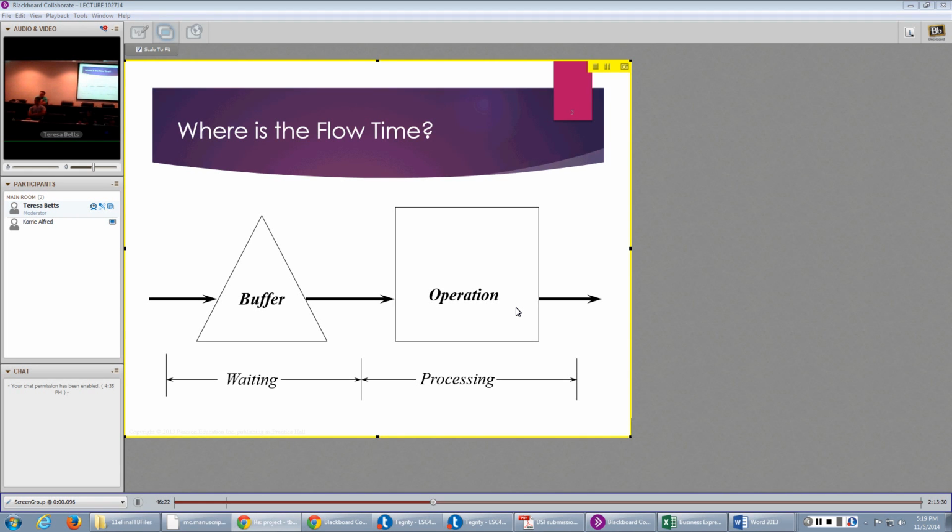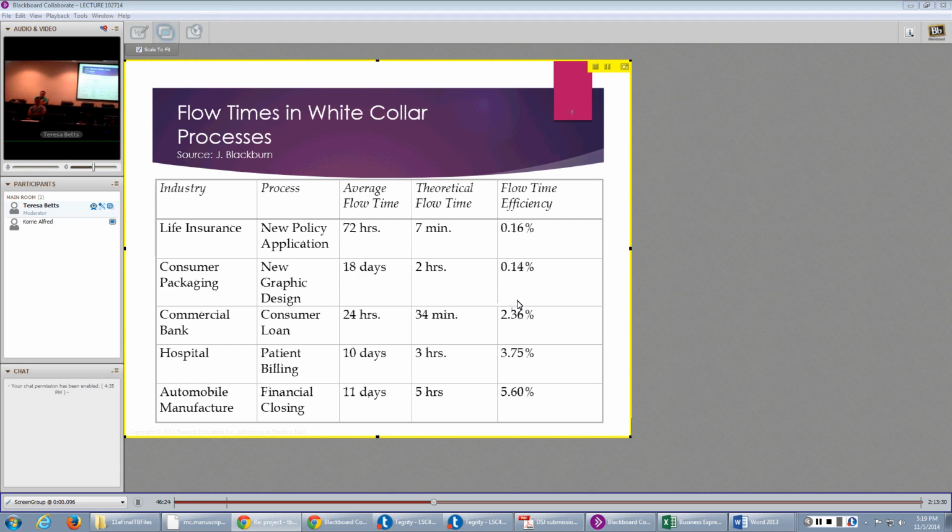And I think it's interesting to look at different industries and the actual time it takes to get something done and the actual activity time. And that should relate to some of your projects, because a lot of you are at that point where you're talking about flow time and efficiency in your projects. A couple of the things that I've noticed on the couple that have reached that point: your flow time, we've got the time that it takes to do each activity, right?